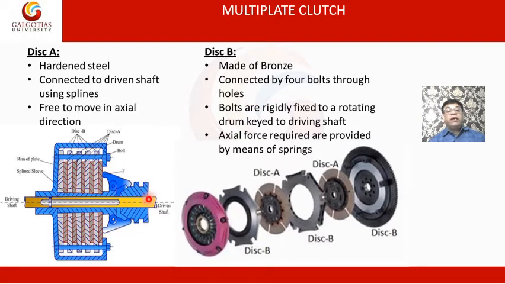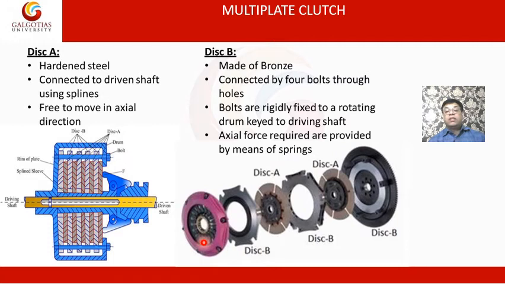So disc A is easily moved in the axial direction of the force. The bolts in disc B are rigidly fixed to a rotating drum keyed to the driving shaft. The axial force required is provided by means of a spring or lever.